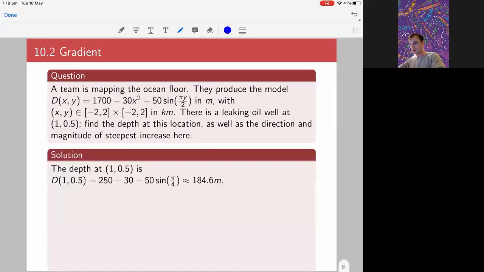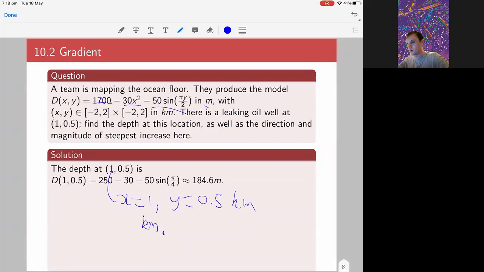All right, so since x equals 1 and y equals 0.5, remember we're dealing with kilometers here. D, which is actually measured in meters, is given by 1700 minus 30 times 1 minus 50 times sine pi y on 2.